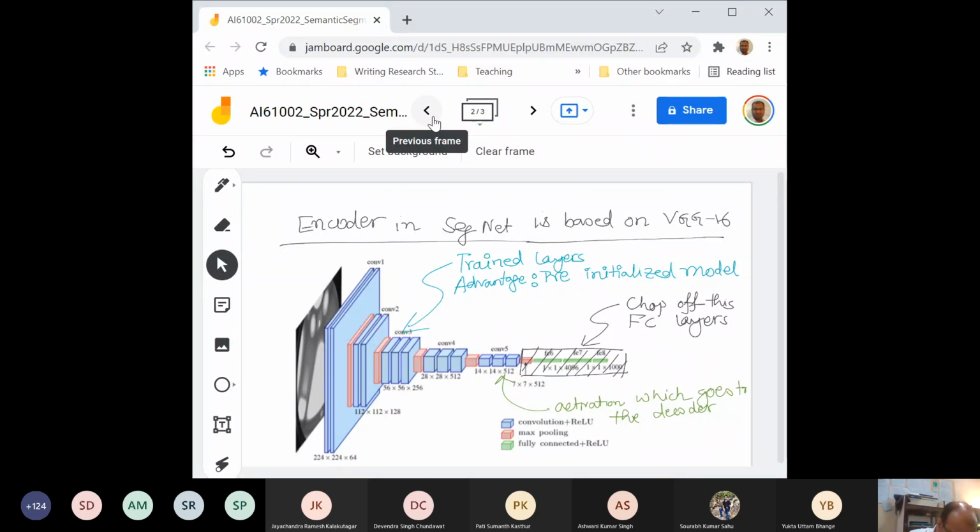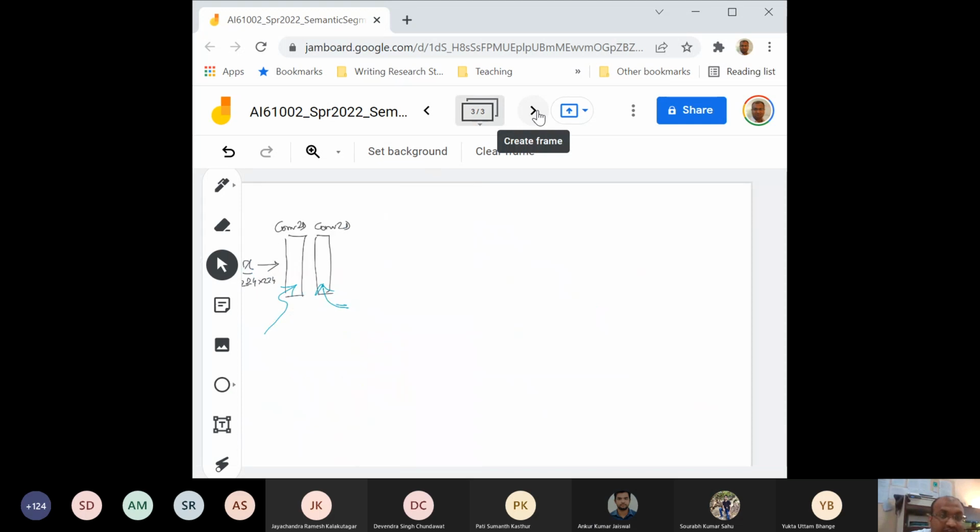X is, say, 3 cross 224 cross 224. So this first convolution layer. Please change the slide.